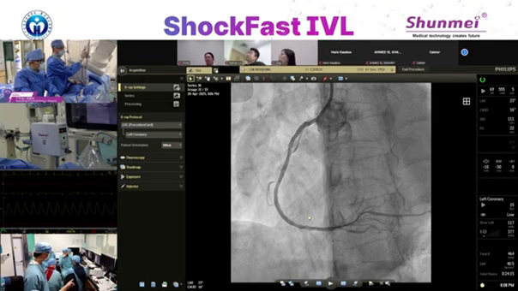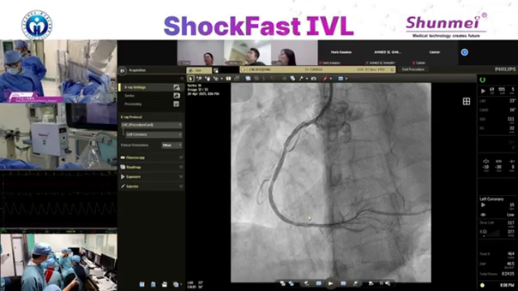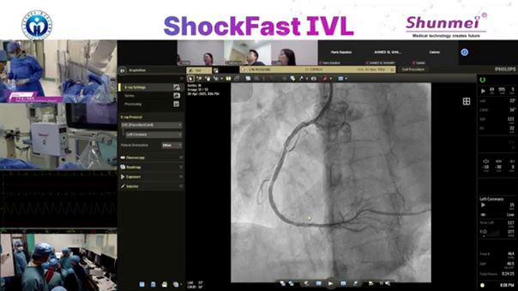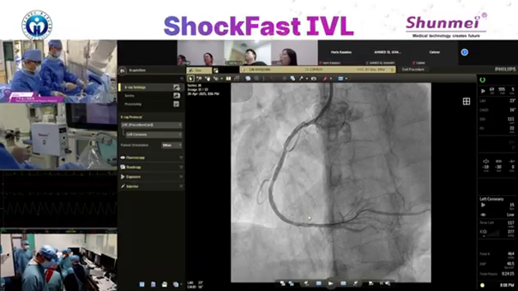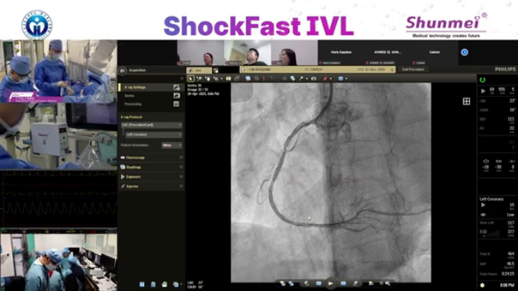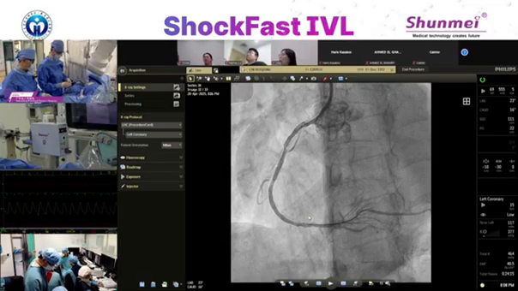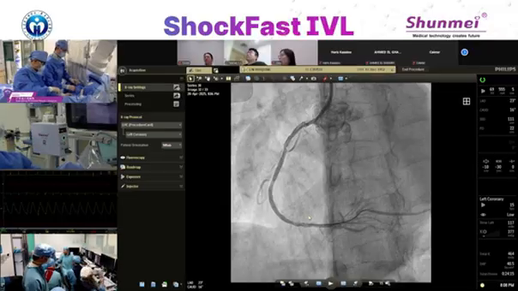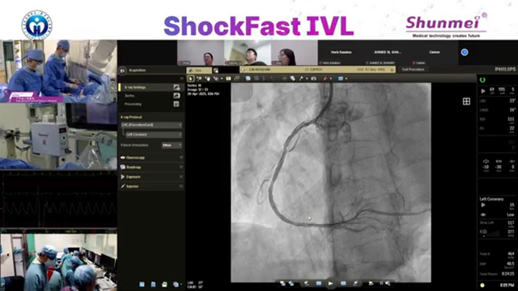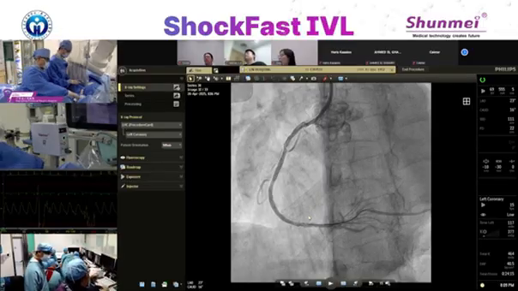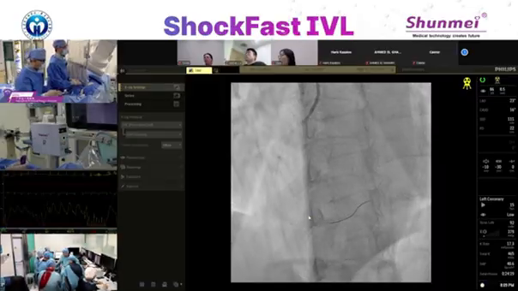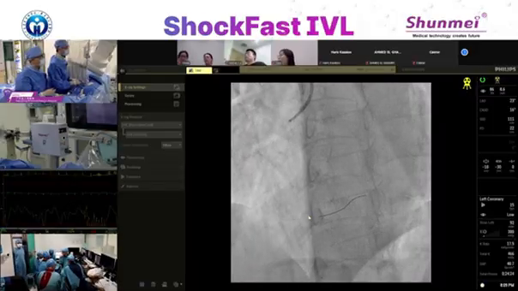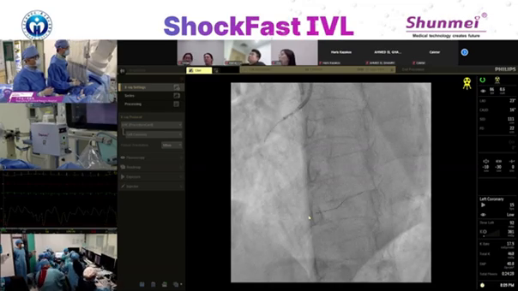I'm not going to touch the segment behind the bifurcation. I may need to deep seat the catheter, hopefully.